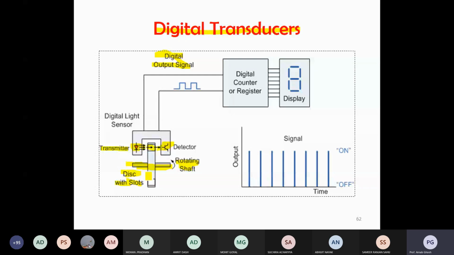If the disc is rotating, there is some obstacle, and when that obstacle is there, no current flows in this path. Basically, an obstacle means the light is not reaching the photosensitive base of this transistor.